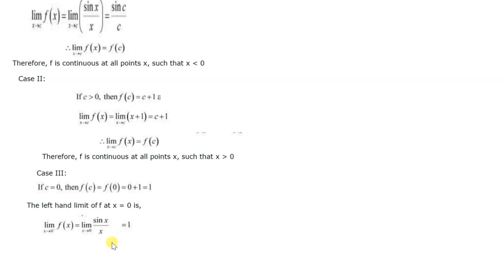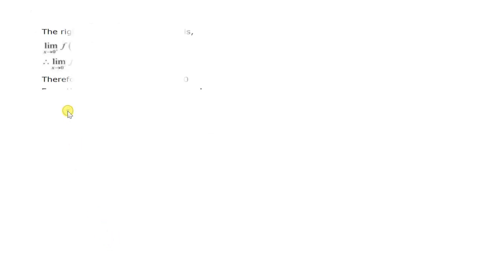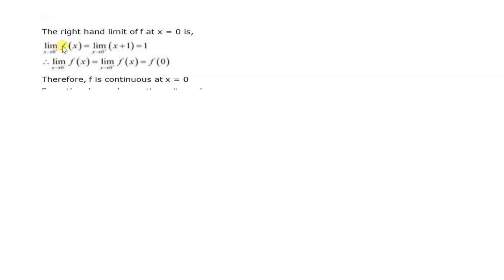The right hand limit at 0 will be the limit as x tends to 0 from the right of f(x), where f(x) is replaced by x plus 1, because on the right of 0 the function is defined as x plus 1. Putting x equal to 0, it becomes 1.